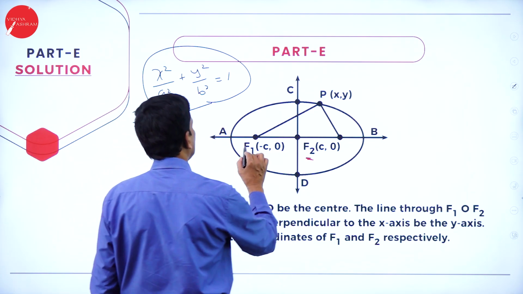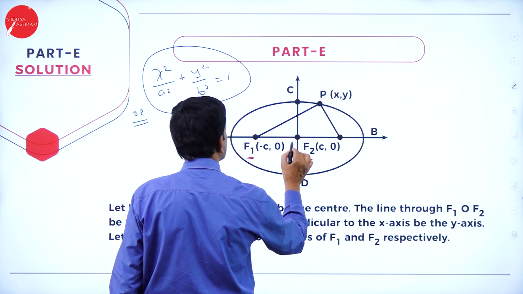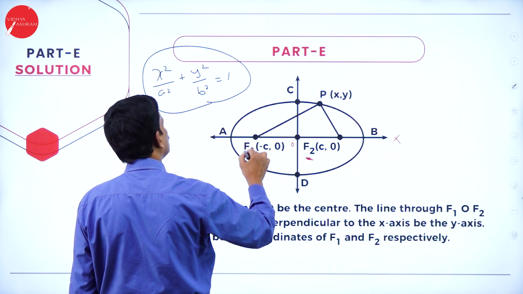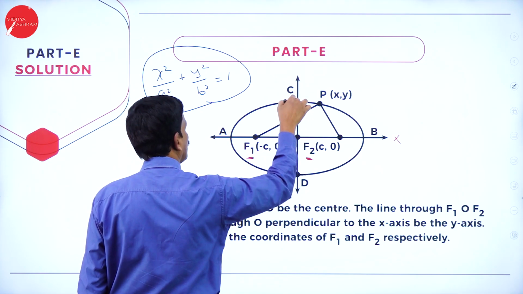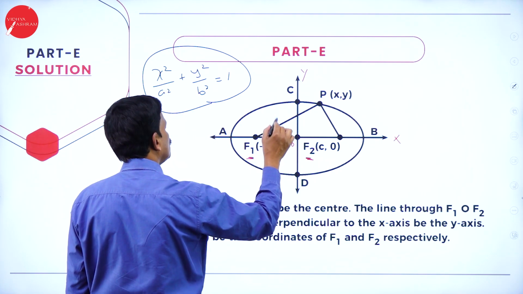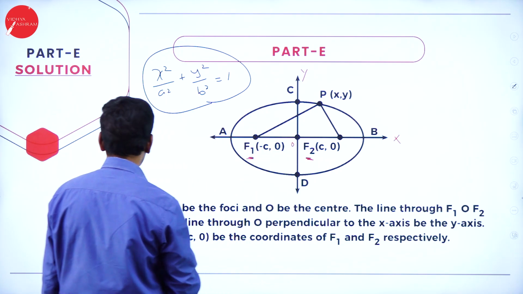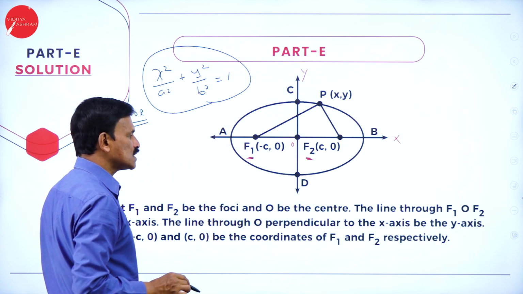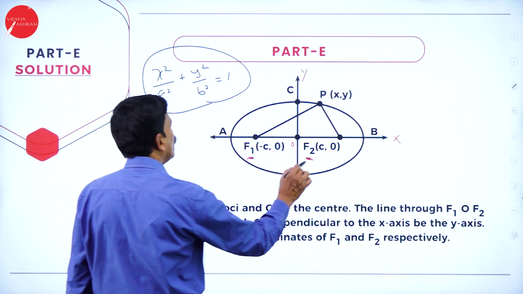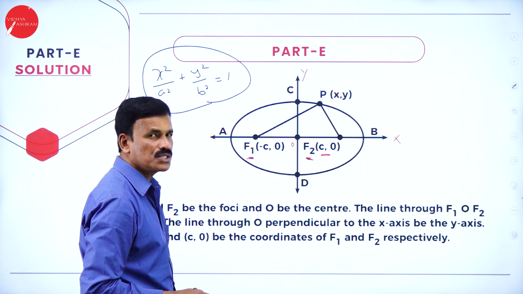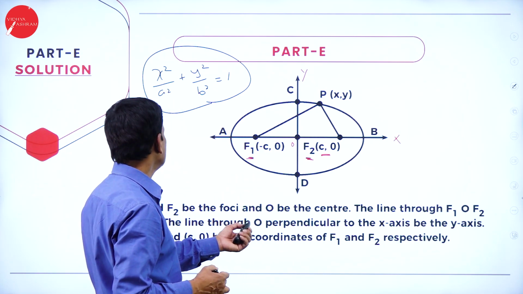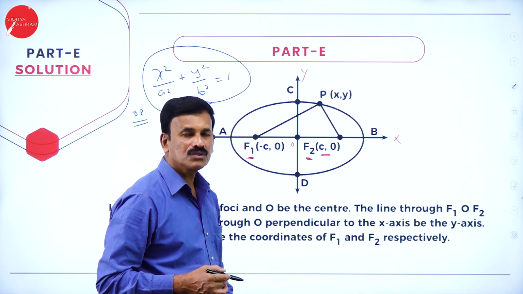The line through F1 O F2 is called the x-axis and perpendicular to F1 O F2 is the y-axis. So the line through O perpendicular to the x-axis be the y-axis. Therefore the coordinates of F1 is (minus c, 0) and coordinates of F2 is (c, 0) respectively. These are the coordinates of the foci F1 and F2.